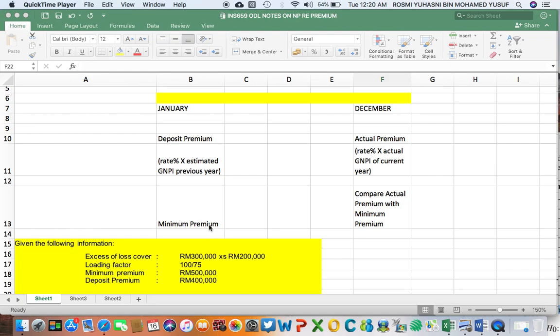I repeat, if the minimum premium that the insurer has to pay to the reinsurer is less than the actual premium, this actual premium will be the premium that the insurer will have to pay to the reinsurer.